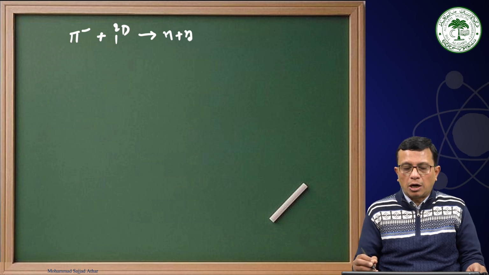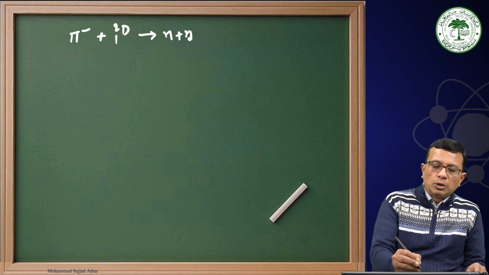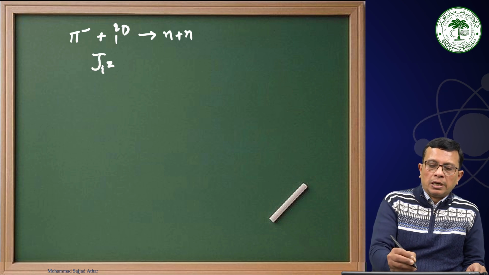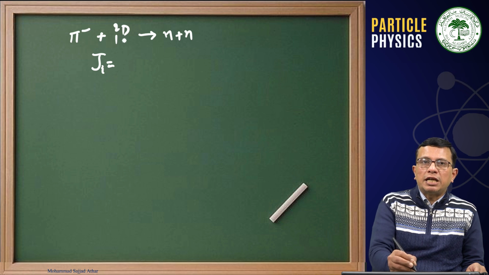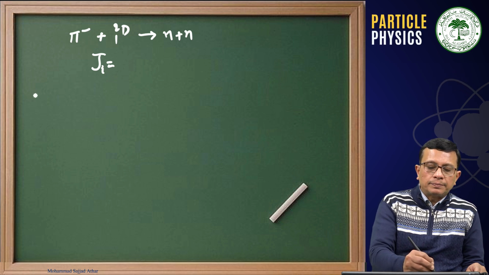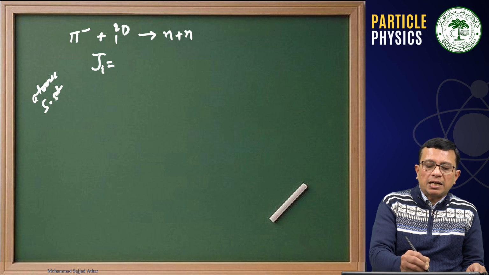Then for the total angular momentum, the deuteron is a proton-neutron bound system which stays 96% of the time in the S state, and this pion absorption takes place in the atomic S state, which corresponds to L equal to 0.